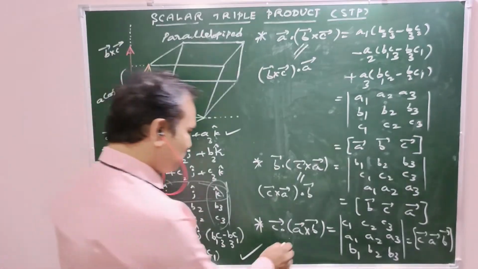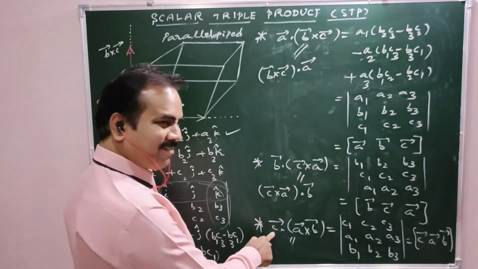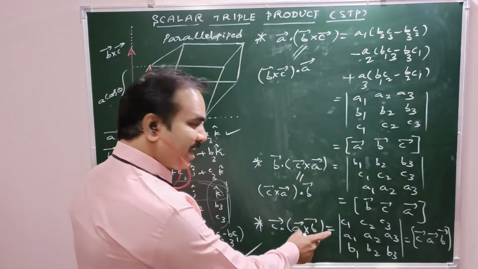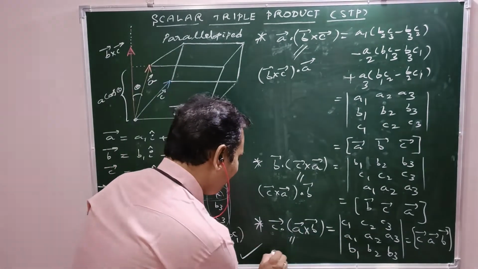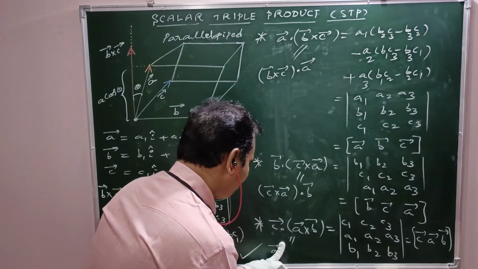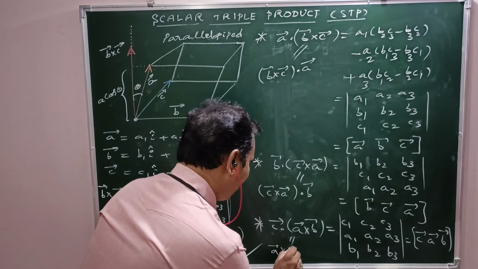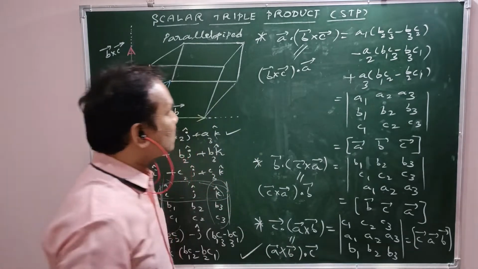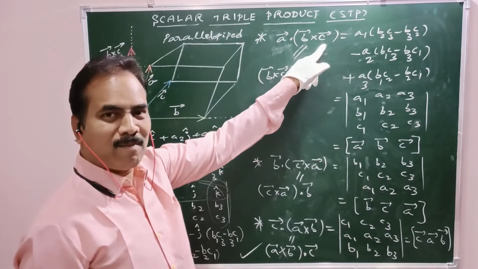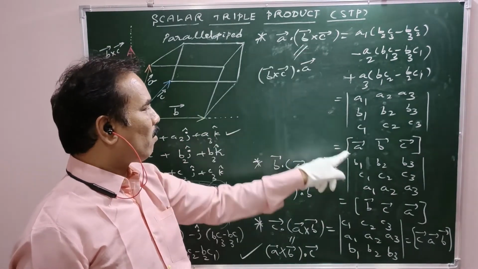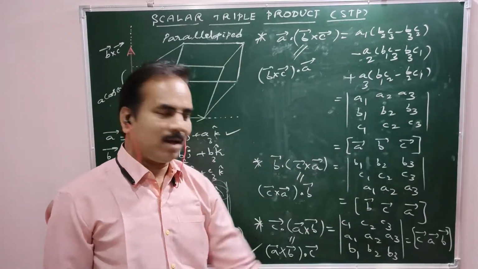Now coming to this one. See, C bar is the first vector, A bar cross B bar is the second vector. Now take the second vector as the first vector this time, that is A bar cross B bar dot C bar. So A bar dot B bar cross C bar is also equal to B bar cross C bar dot A bar, which is equal to bracket A bar B bar C bar.